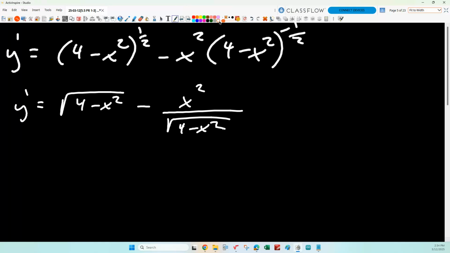And then what would you do from there? Okay, think about that. If you do it this way, what you're really doing is converting these into fractions, right? And if you're going to add or subtract fractions, what do you need? Common denominator. So what would I do to get a common denominator?